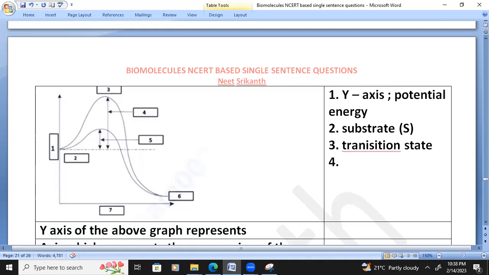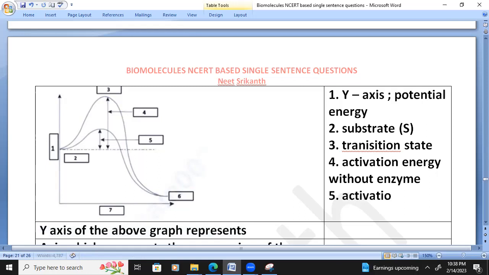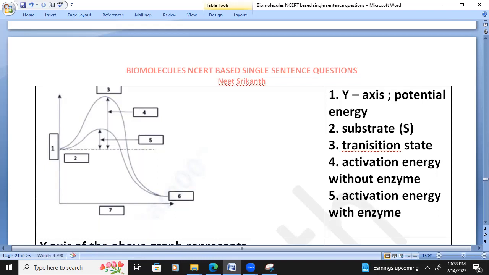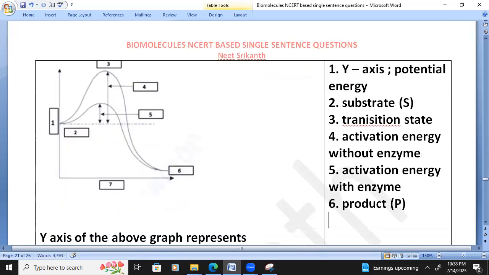Number 4, activation energy without enzyme. Number 5, activation energy with enzyme. Number 6, product. Number 7, x-axis, the progress of reaction.